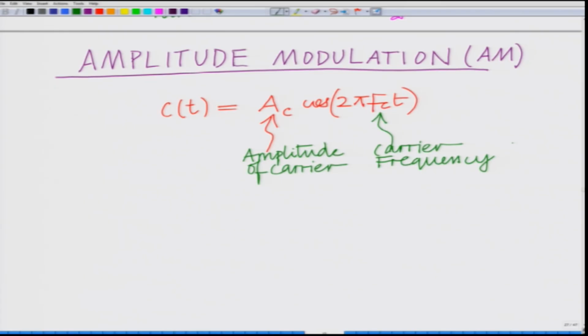Fc is the carrier frequency, Ac is the amplitude of the carrier, and this is simply known as the carrier or the carrier wave. This is fundamental in every communication system, and the baseband signal, or the message signal, is modulated on this carrier.